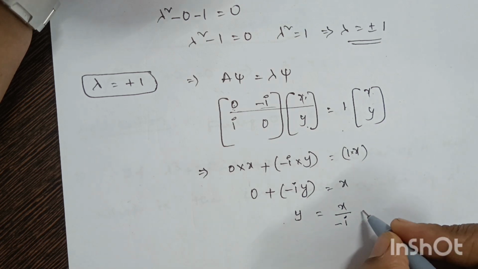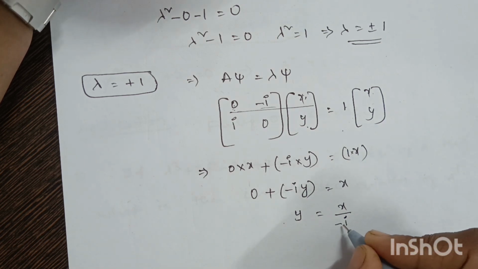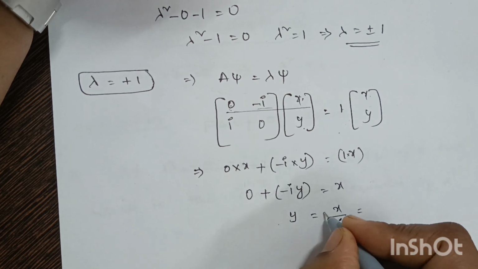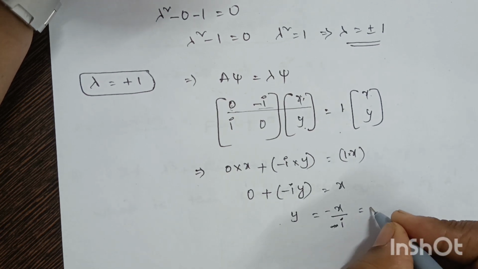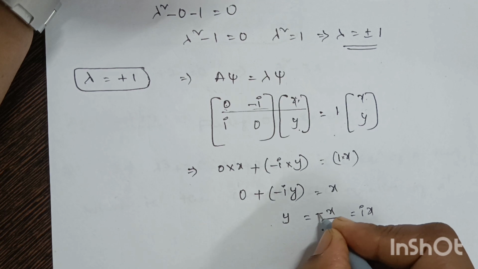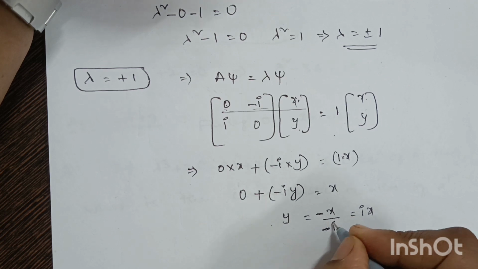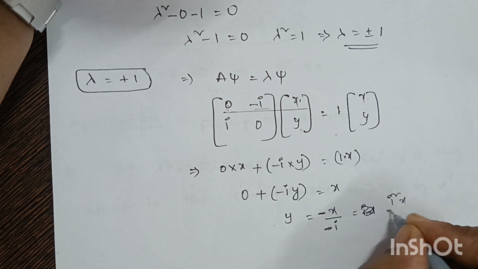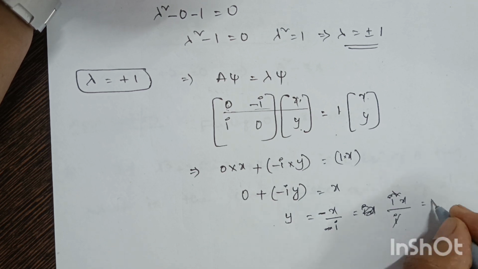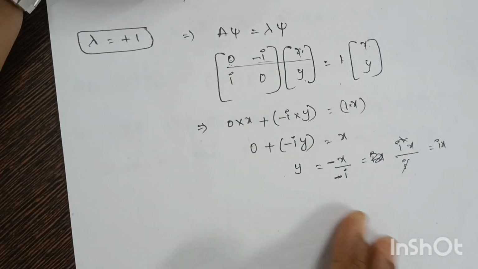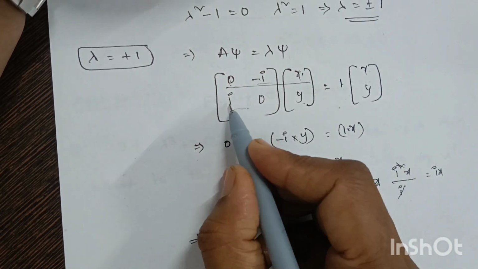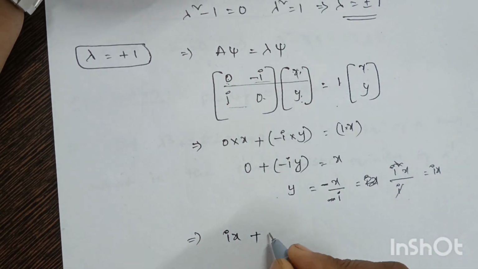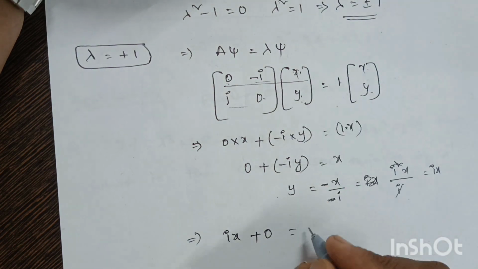Or here we can write minus as I square, so I minus 1 means I square into x by I, cancel, so ix. So y is equal to ix. Next equation is this one: I into x plus 0 into y is equal to 1 into y.